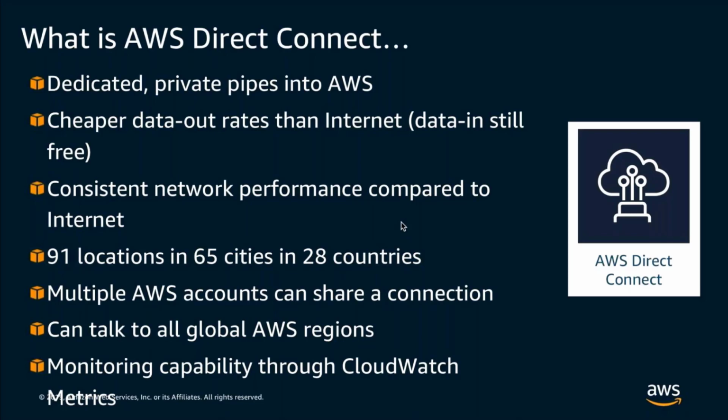You have a selection of 91 locations in 65 cities in 28 countries to choose from, so you can select the best location for your needs. Once you have established a Direct Connect connection or multiple Direct Connect connections, you can share them across multiple AWS accounts.